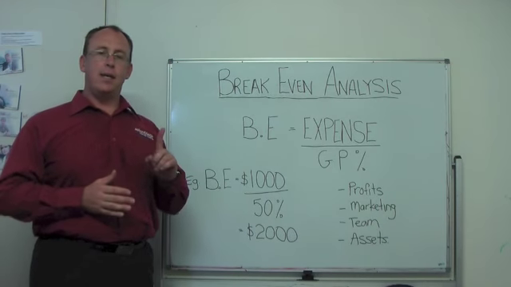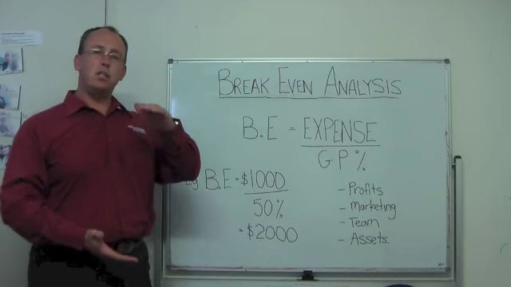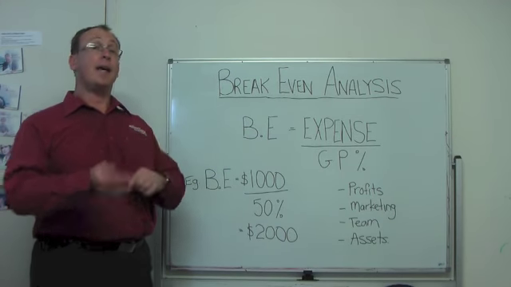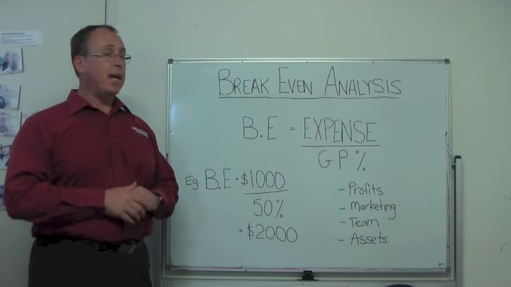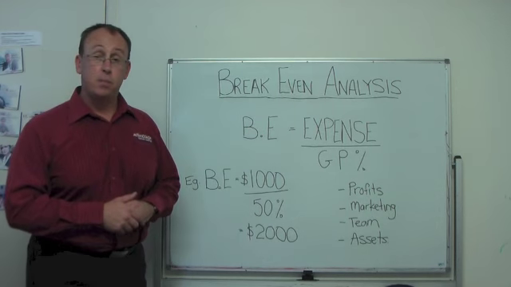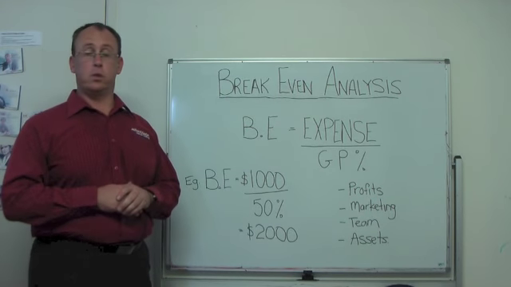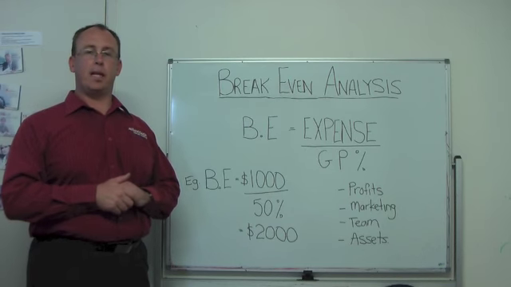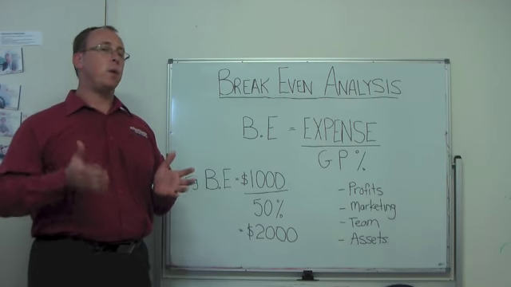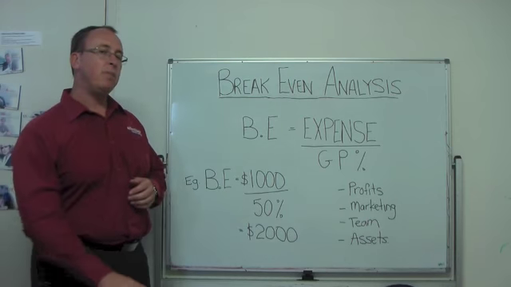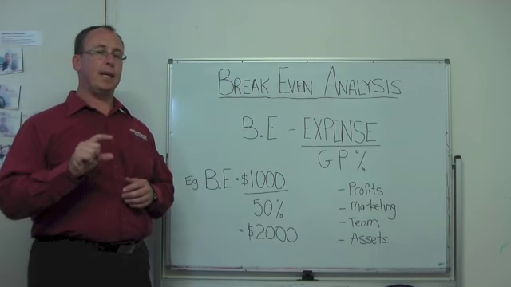And how long is it going to take before the additional throughput that this machine is making covers the cost of its investment? If it was going to take an extra 10 years to pay it off, then there's no way you'd go for it, of course. But if it was going to repay itself within a couple of months, well then great, because once it's paid for itself, everything beyond that point, you get to keep a percentage of.